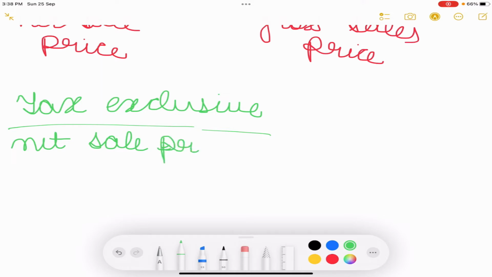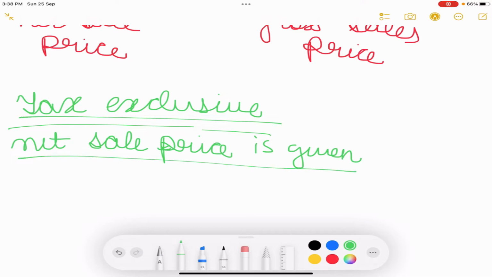So if in the question you have a net sale price which is given, then how will you find the tax? Wait, I'll just write it in another color.